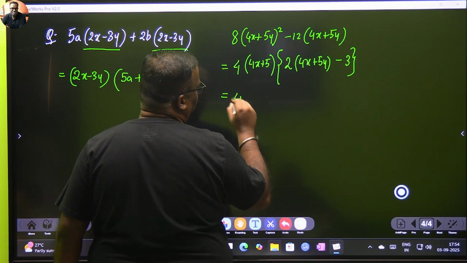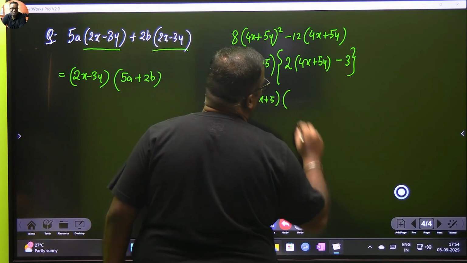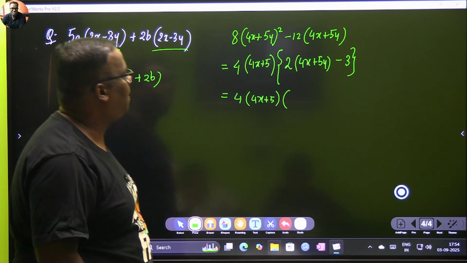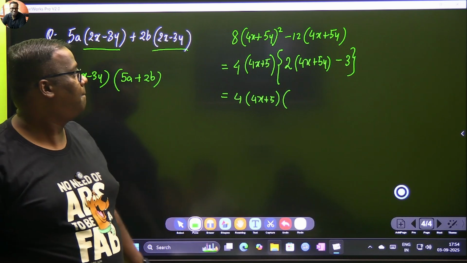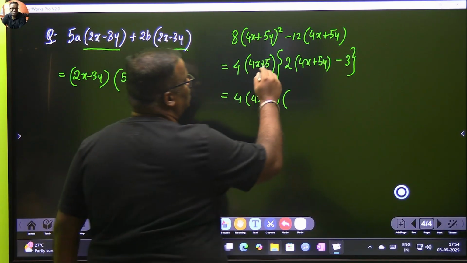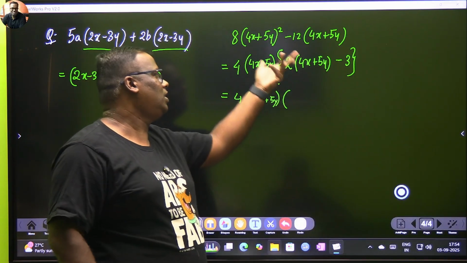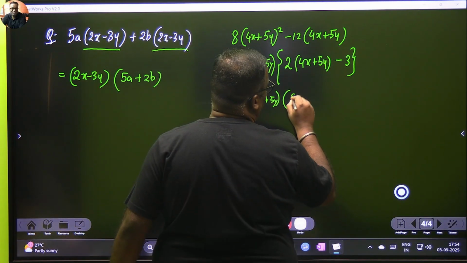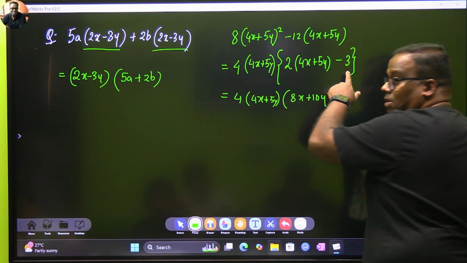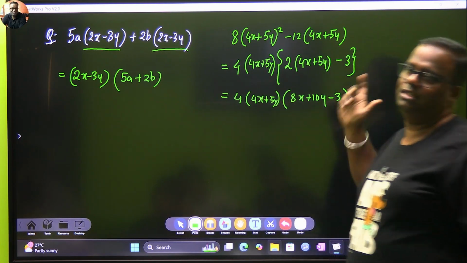So this is 4, the first factor, 4x plus 5, the second factor, and then y. How can you take y? 4x plus 5y. So inside, what do we have now? You can now simplify this also. So this becomes 8x plus 10y minus 3. Remember, the 2 is not multiplying 3. Do you see this as a factor? Job done.